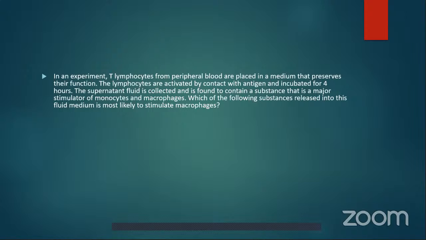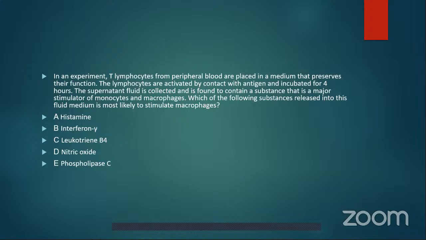Which of the following substances released into this fluid medium is most likely to stimulate the macrophages? See, this question and the previous question are like corollary to each other. Is it histamine? Is it interferon gamma? Is it leukotriene B4? Is it nitric oxide or is it phospholipase C?